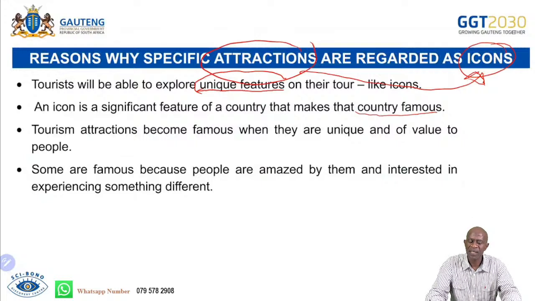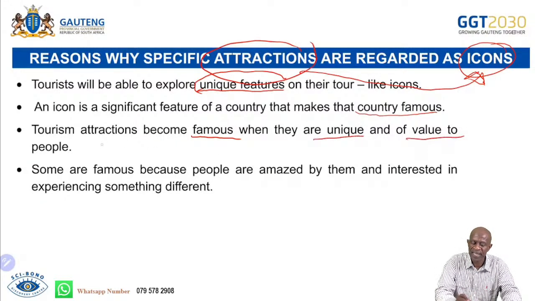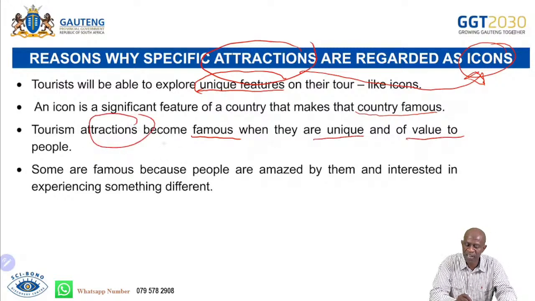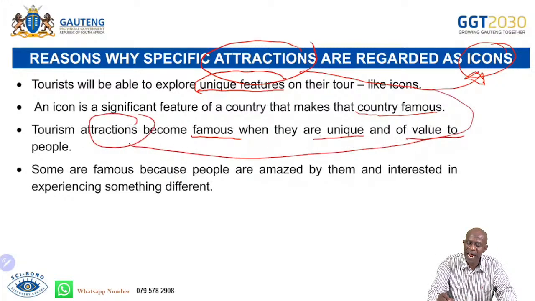Tourism attractions become famous when they are unique and of value to people, and that makes it an icon. When they are famous and unique and they offer certain value to people, then such an attraction qualifies to be named an icon.